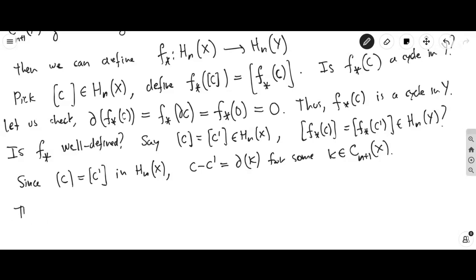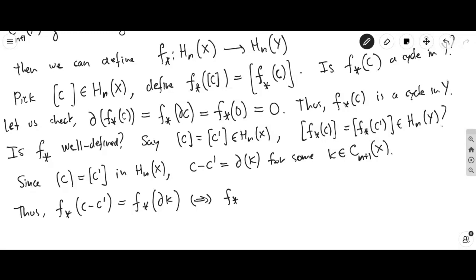Okay, so we apply F star to this difference. Now you have to understand that F star is a homomorphism on chains.